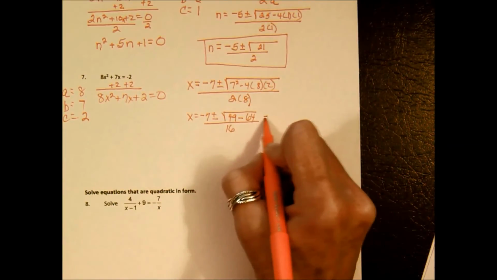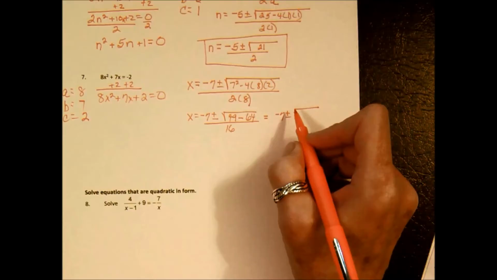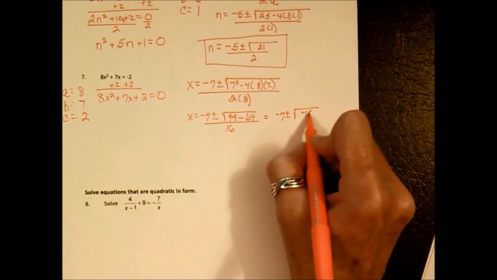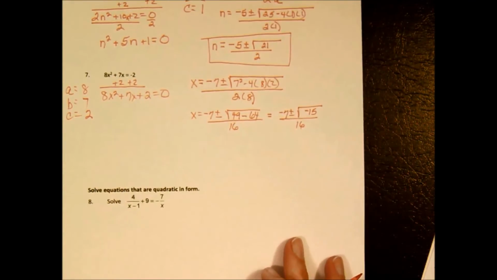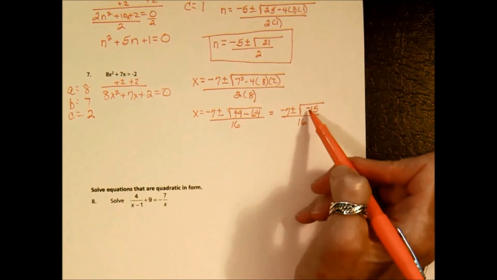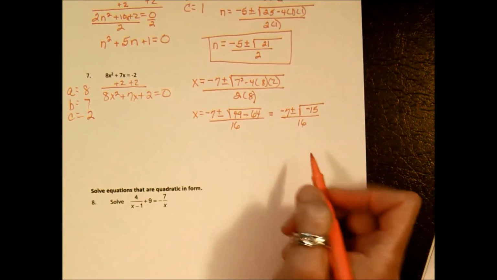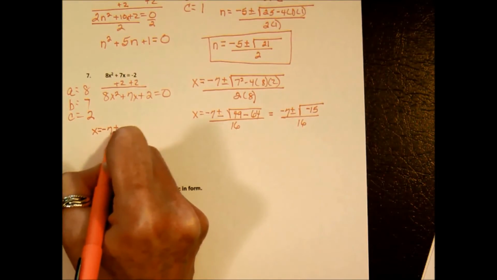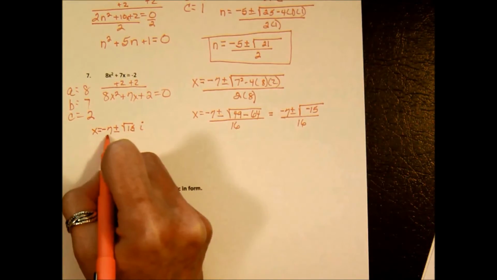Or negative 7 plus or minus square root of negative 15 all over 16. Now, you may think you're finished, but you can't leave that negative under there. There's an i that has to come out. So what you end up with is x equals negative 7 plus or minus square root of 15 i all over 16.